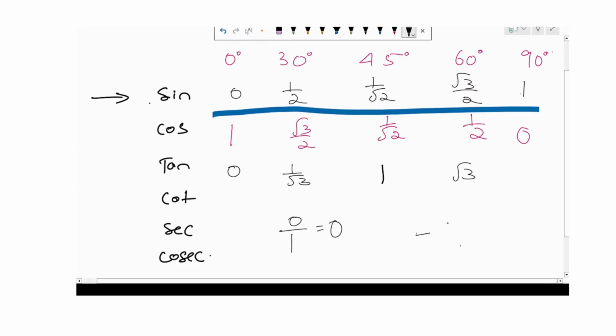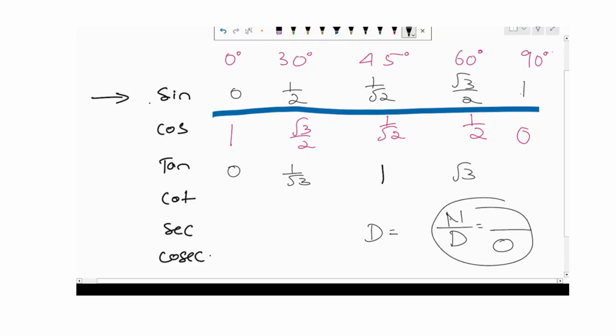For example, minus 35 divided by 0 is also undefined. Anything, decimal, fraction, whatever, if you divide any value by 0, it is undefined. Fraction is nothing but numerator by denominator. Whenever you see the denominator 0, the entire value is undefined.